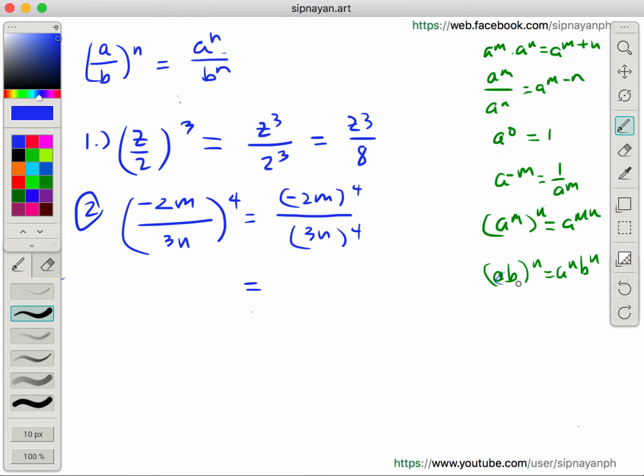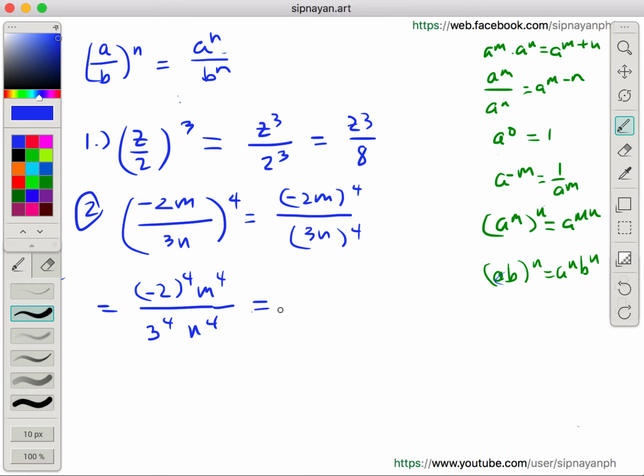So, this is equal to, anong ginawa niya dito? In-split niya rin yung a tsaka b, tapos ni-raise niya both sa power. So, pwede natin gawin yan. That's negative 2 raised to the fourth, and then m raised to the fourth. Ganun dito, 3 raised to the fourth, and then n raised to the fourth power.